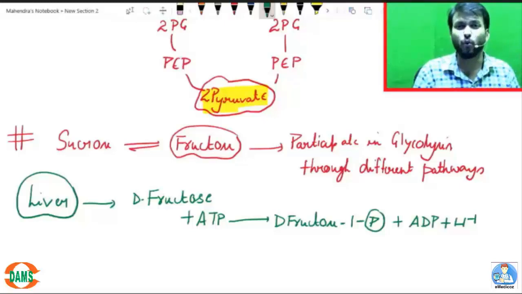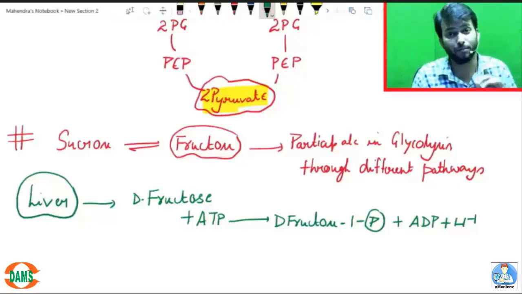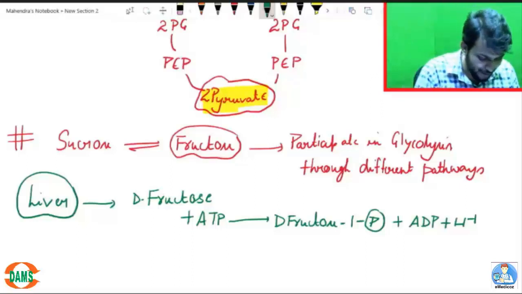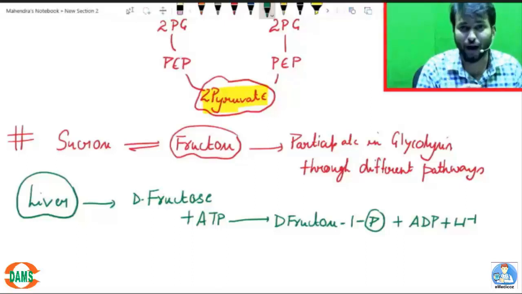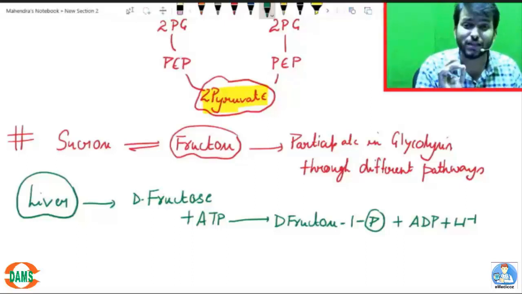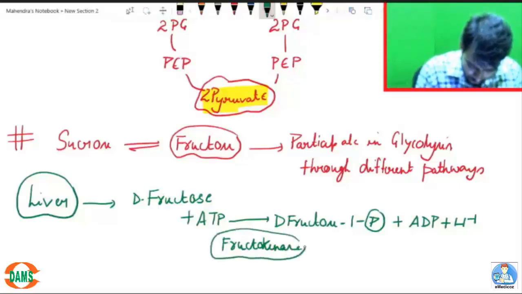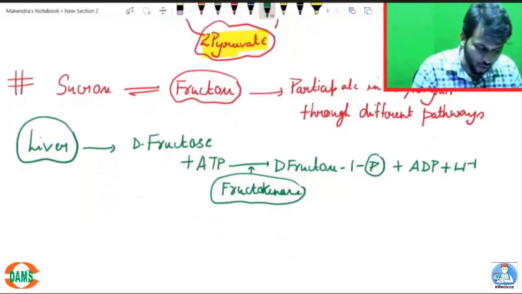We have to know each and every enzyme that subsequently activates in a particular pathway. As with hexokinase, here 1-phosphate is being added, so it's a fructokinase, which is specific to the liver, which helps in the conversion of D-fructose to D-fructose 1-phosphate.